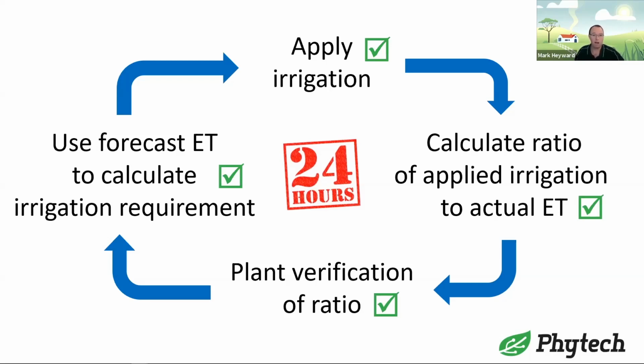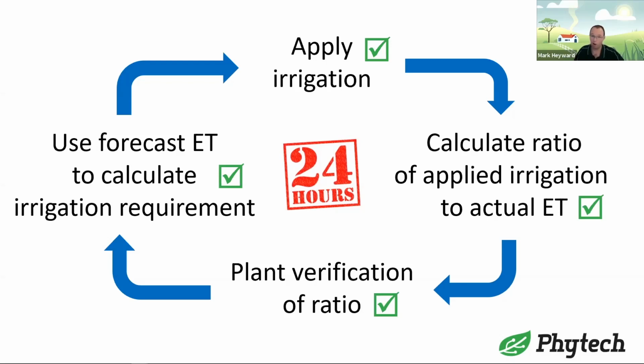And so at the end of the day, the plant holds up a scorecard for you to verify that ratio. Red if maybe your ratio was too low, and dark green if your ratio was too high. And so then you'll adjust the ratio, applying that to the forward-looking evapotranspiration forecast that we provide, apply that irrigation, and the cycle continues.